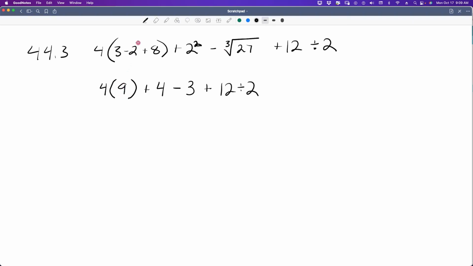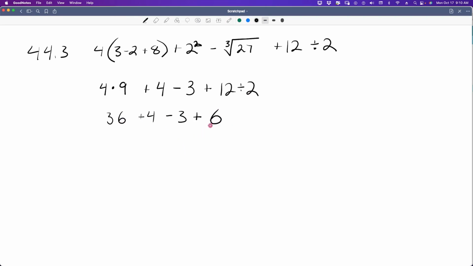So it's really as if it is written like this: 4 times 9. That's really what that means. So 4 times 9 is going to be 36 plus 4 minus 3 plus, and we have 12 divided by 2. That's going to be 6.